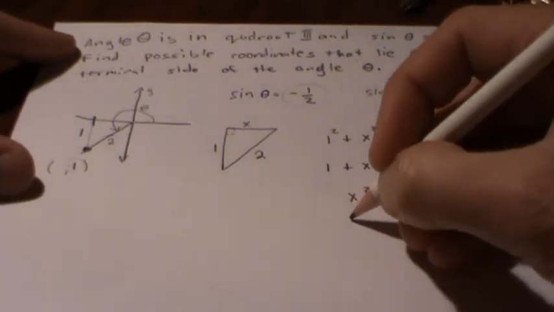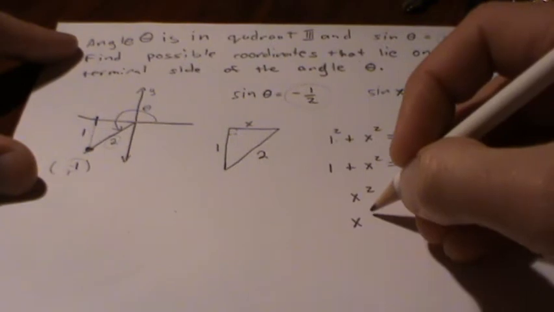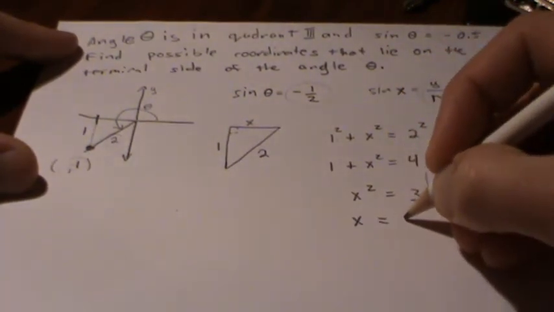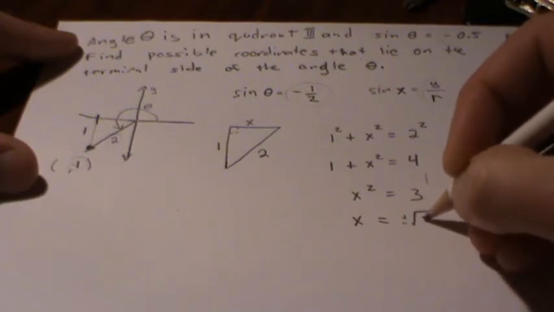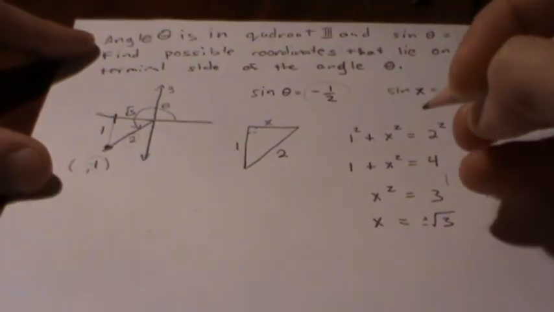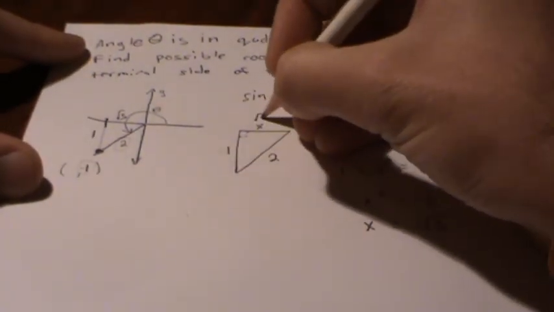And so I can say that the x is equal to plus or minus the square root of 3. And so this distance is the square root of 3. Okay, the square root of 3.